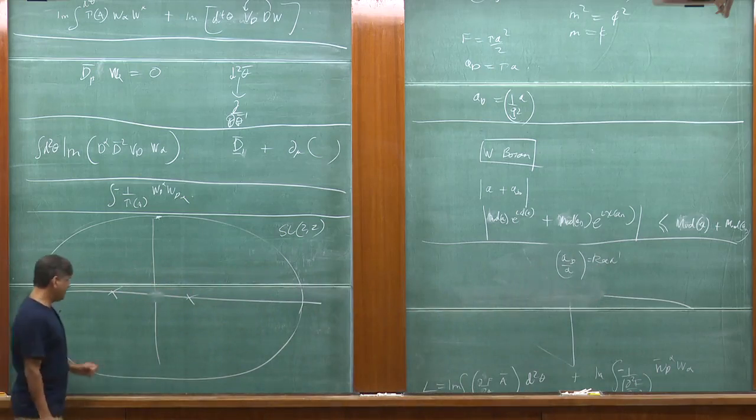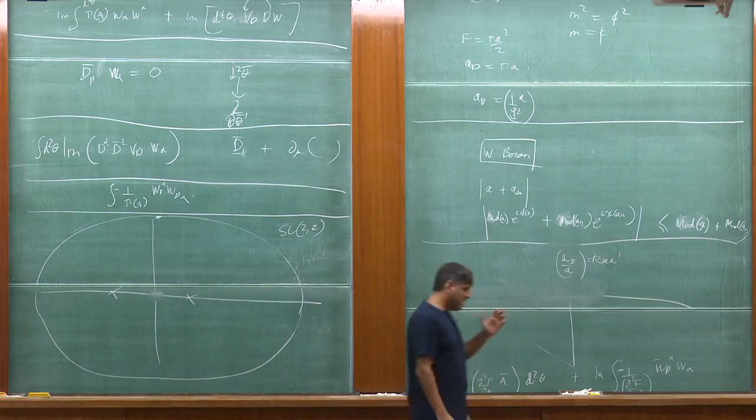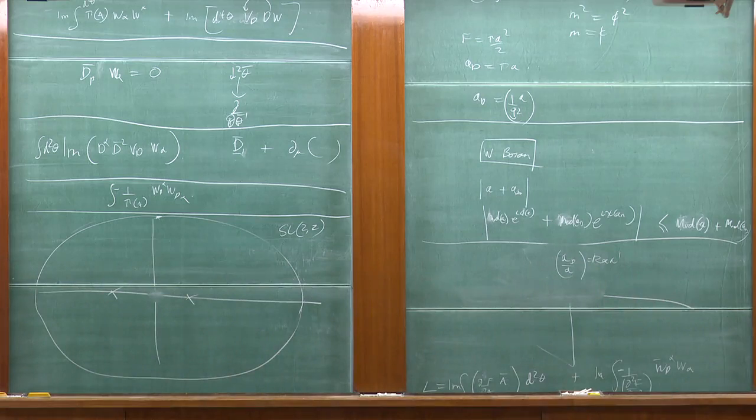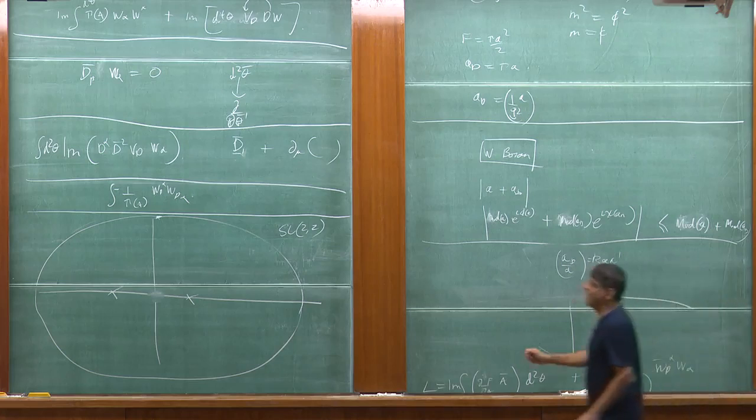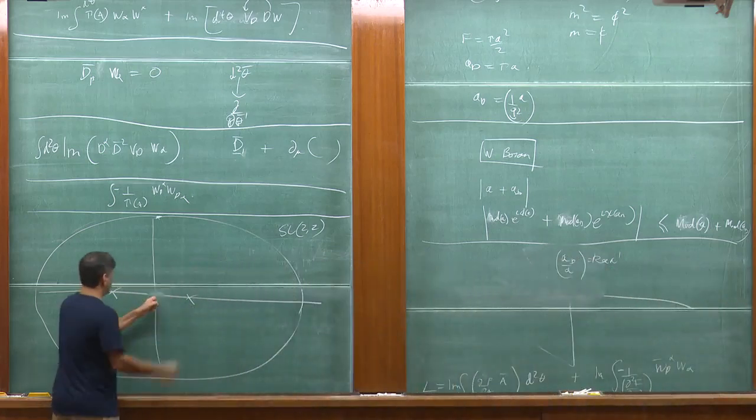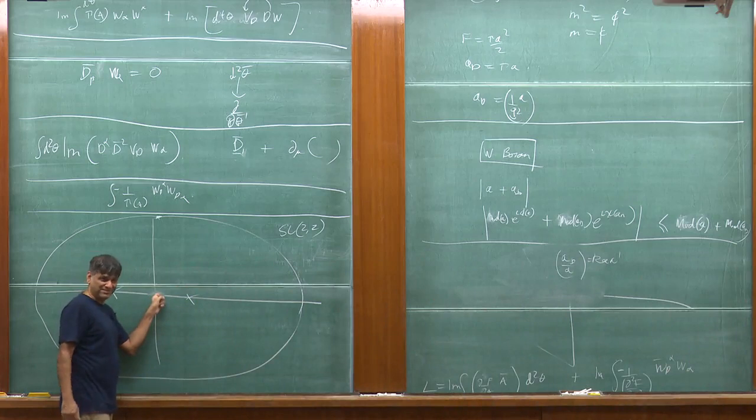If you remember, we had this Z8 symmetry, which acted like Z4 on phi, because phi was charge 2, and therefore acted like Z2 on trace phi squared, so U. So on this U plane, we have this Z2 symmetry. So if there's a singularity at one point in U, there's a singularity at another point. So we're going to guess that the singularity doesn't appear at U equals 0, but somewhere else.